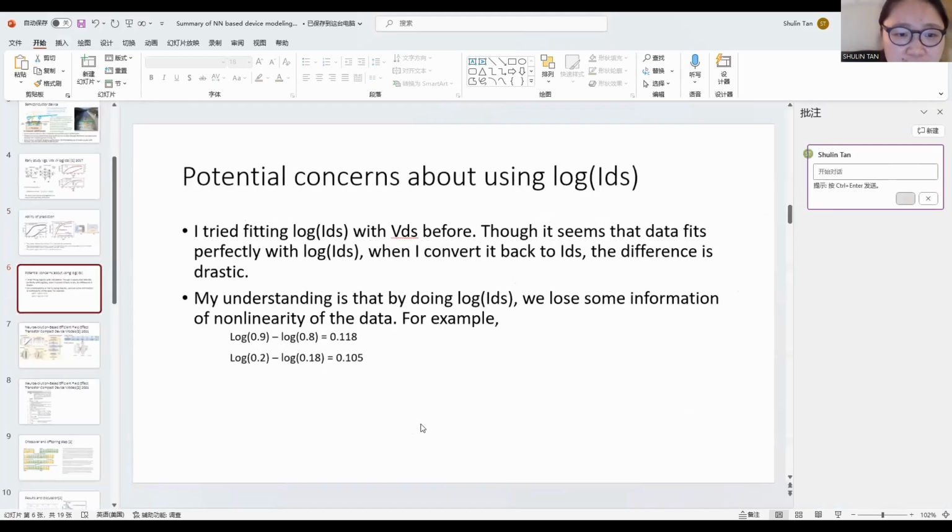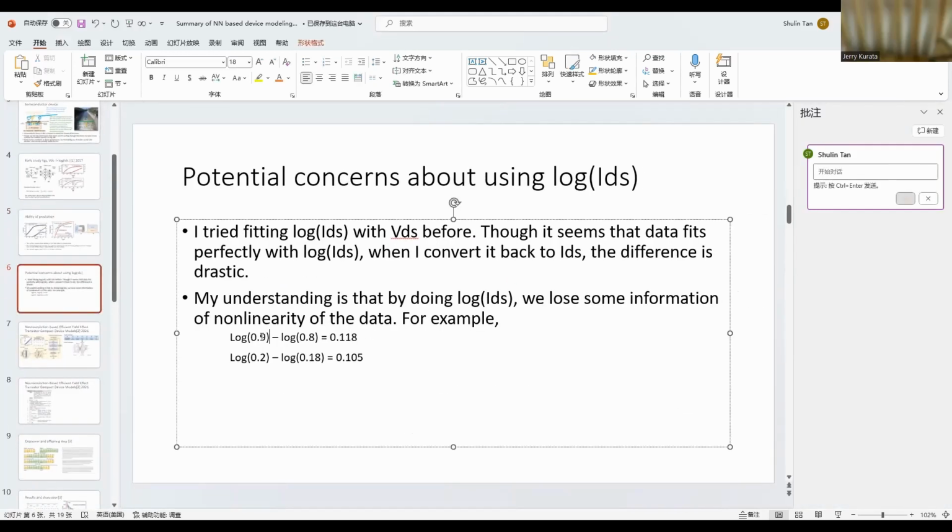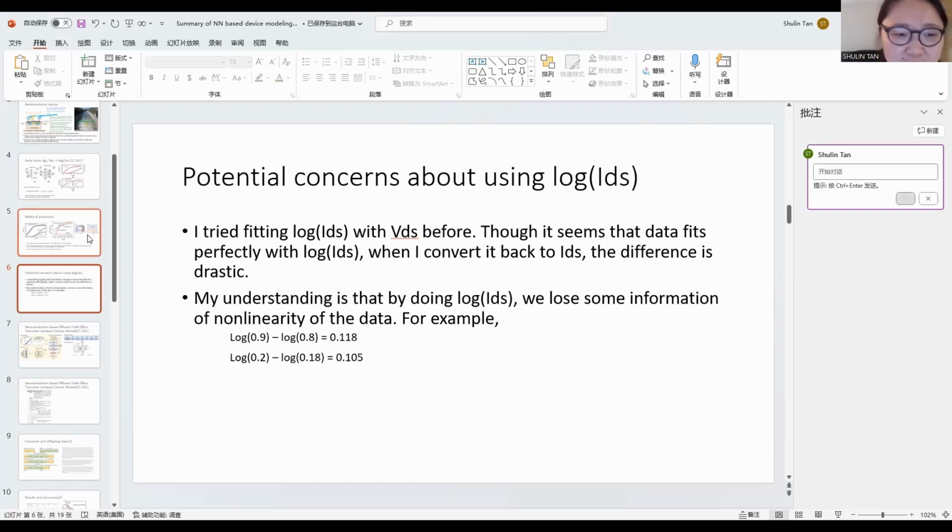I did a comparison: 0.9 and 0.8, their logarithm difference is around 0.1, but 0.2 and 0.18 is also around 0.1. So something I'm worrying about, but frankly speaking, I haven't thought of a good way to solve this.